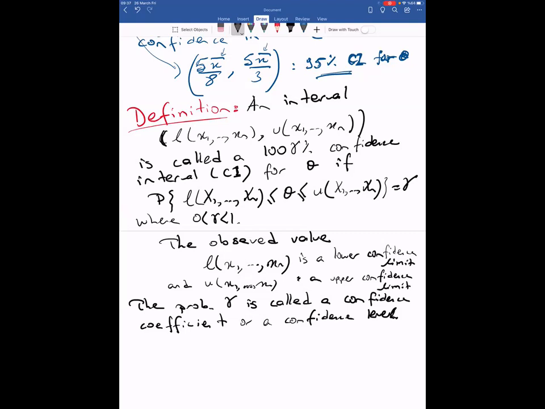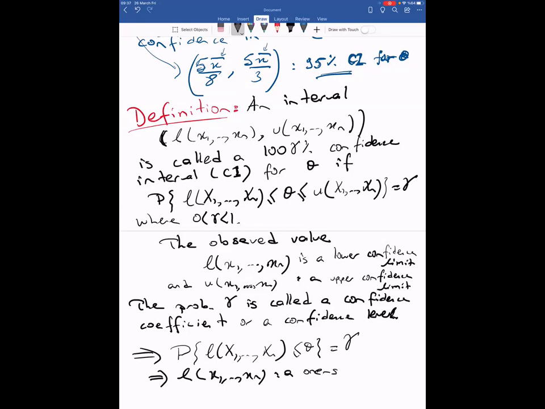Actually, when we write these, what we are saying is, when we have the probability that L(X1, ..., Xn) is less than or equal to theta equals delta, then this L, when we write it as a lowercase letter, will be a one-sided lower 100 delta percent confidence limit for theta.